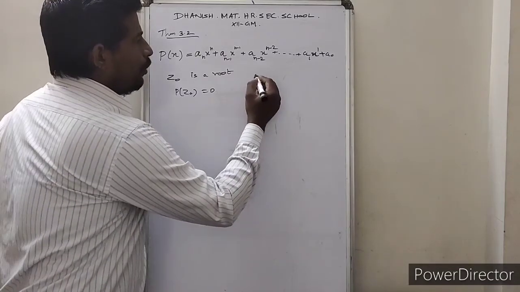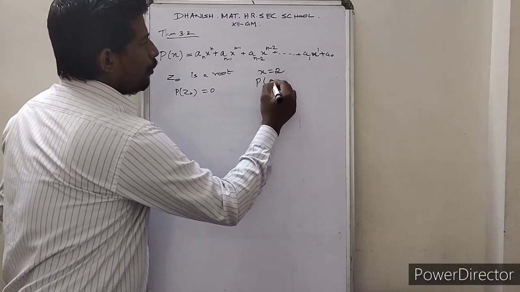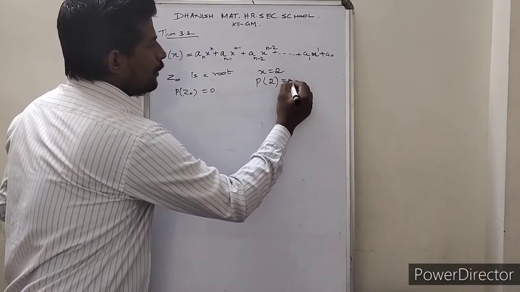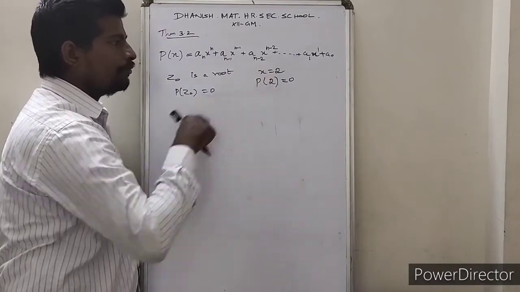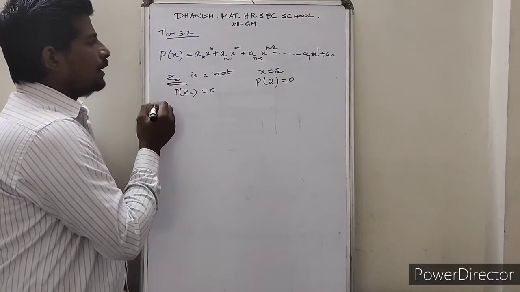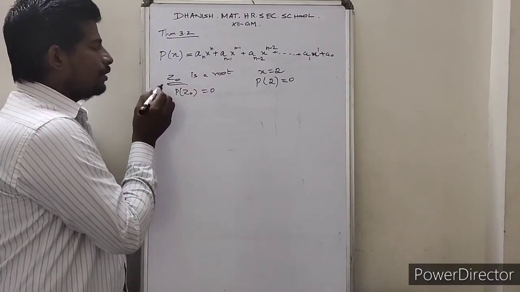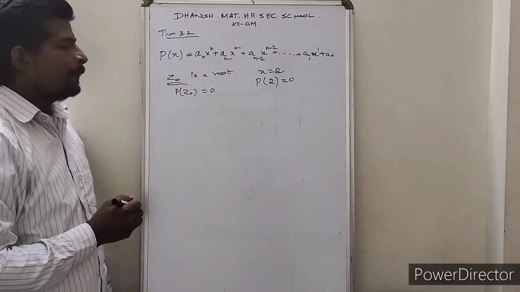As we already know, if x equals 2 is a root, then p of 2 must be equal to 0. Similarly, if z0 is a root, then p of z0 must be equal to 0.